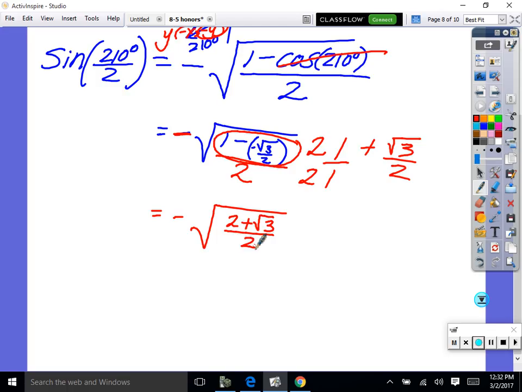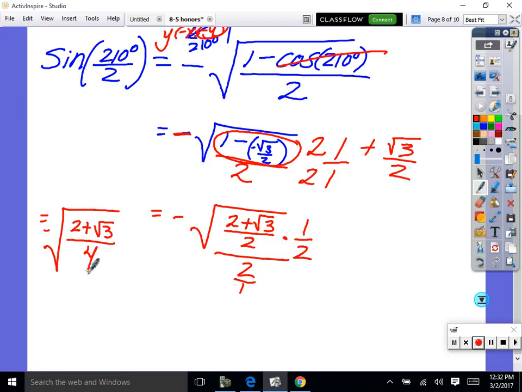And then that's divided by 2, so that's really divided by 2 over 1, and that's all under the radical. So dividing fractions is easy as pie. You flip the second and multiply. So we're really dealing with the negative square root of 2 plus root 3 divided by 4.